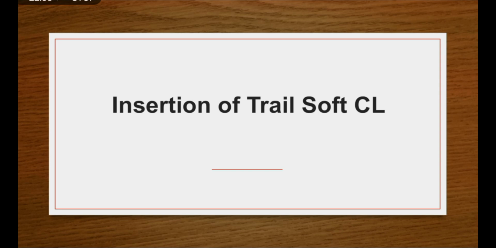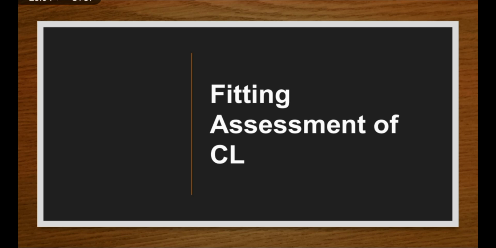After knowing the parameters you have to insert the contact lens into the patient's eye. After the insertion you have to move towards the fitting assessment of the contact lens. We are not going to discuss the fitting assessment in this video as it's a very long topic, so we will discuss it in another video. You have to wait for it.